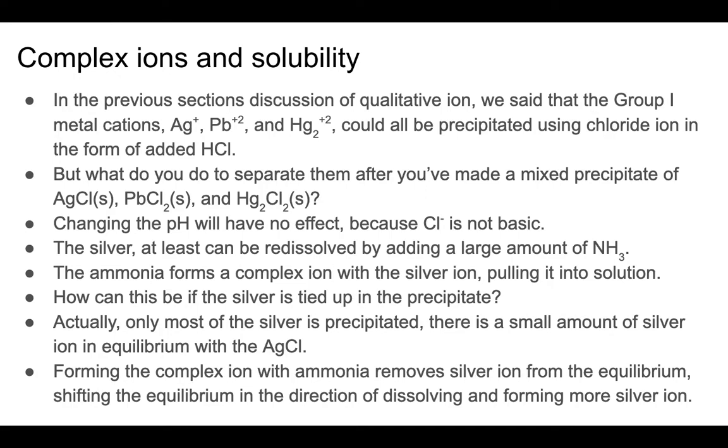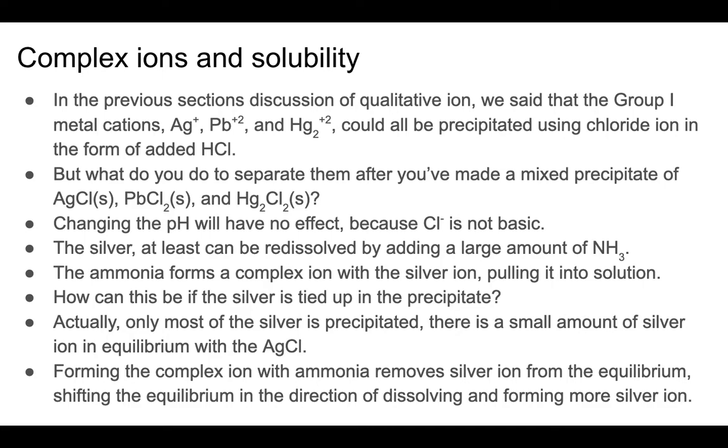So unlike what you can do with sulfide, where you can make it more acidic or less acidic and get different ones to dissolve or precipitate, that doesn't work with these because chloride's not basic, doesn't react with H+. So you've got this mixture of these three metals. What might you do to begin to separate them out?